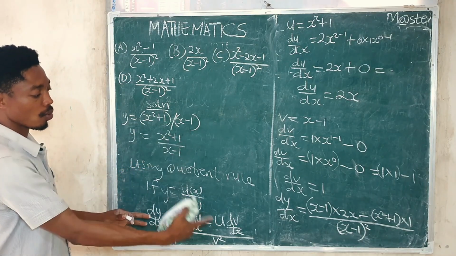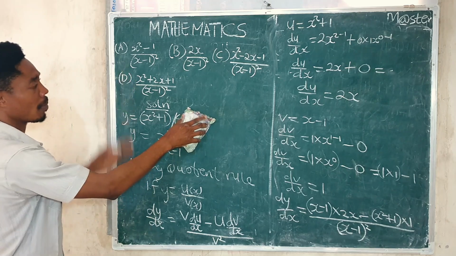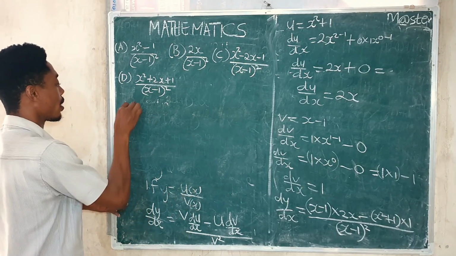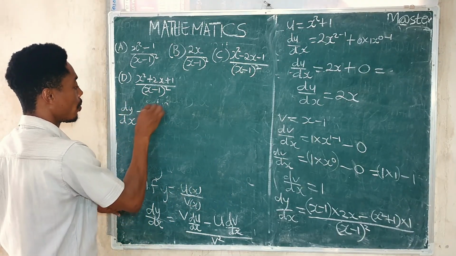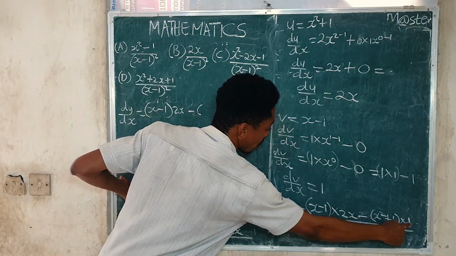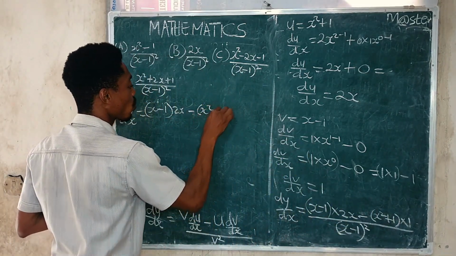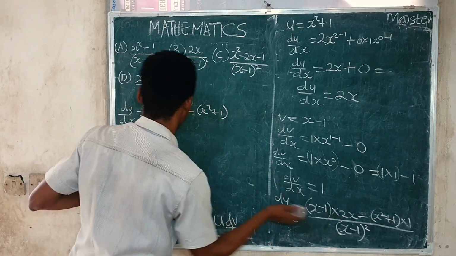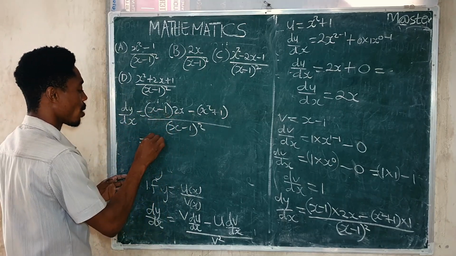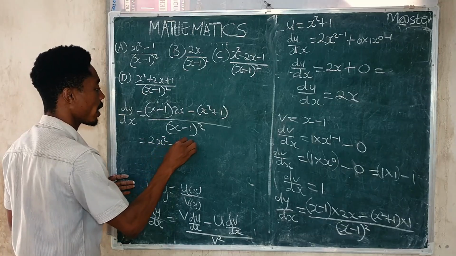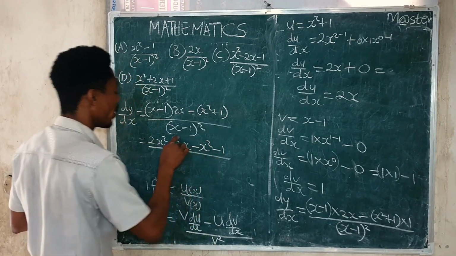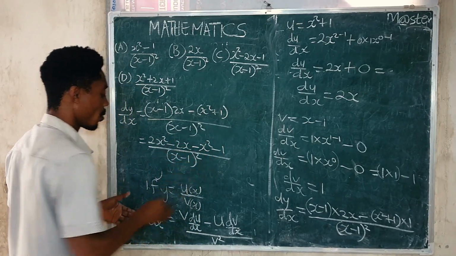So dy/dx gives me x minus 1 times 2x, minus 1 times x squared plus 1, all over x minus 1 all squared. 2x will multiply everything inside the bracket, so I have 2x squared minus 2x, and opening this bracket, minus x squared minus 1, all over x minus 1 all squared.